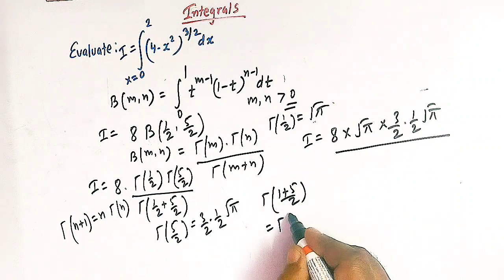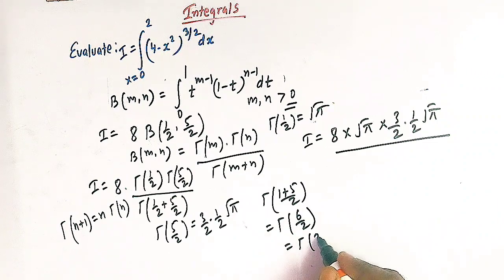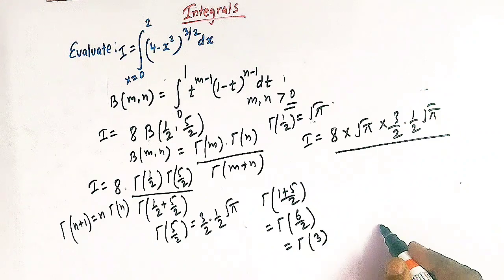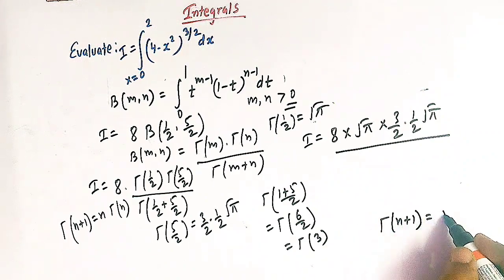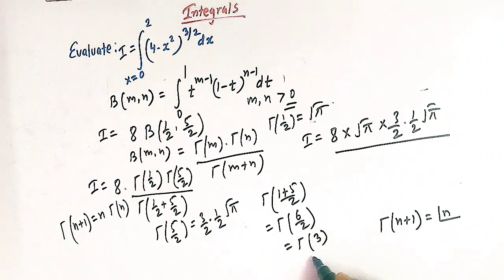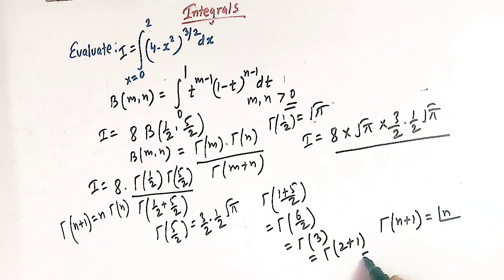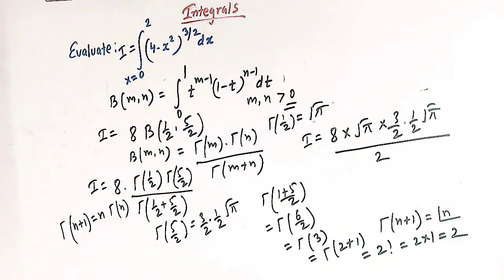This is gamma of 6 over 2. This is gamma of 3, and we know that gamma n plus 1 is given by n factorial, where n is some positive integer, right? So here gamma 3 can be written as gamma of 2 plus 1, which is equal to 2 factorial, that is equal to 2 times 1, that is 2, right? So here we have 2.